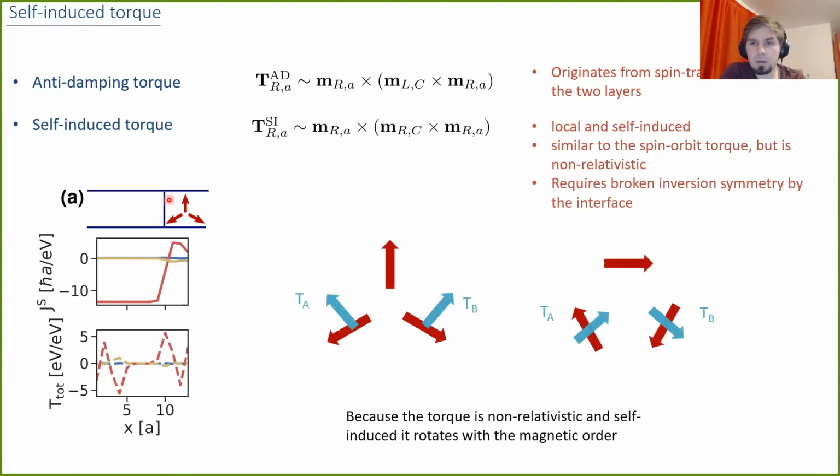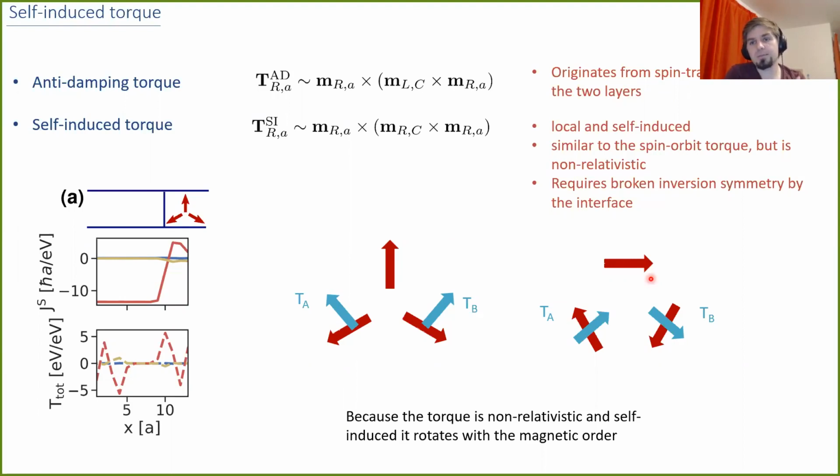What's also clear about this torque, and this makes it quite special, is that because it's self-induced and non-relativistic, if you rotate the magnetic order, the torque has to rotate with it because there is no reference to it. I show here an example of how it looks if you rotate 90 degrees; the torque rotates with it.